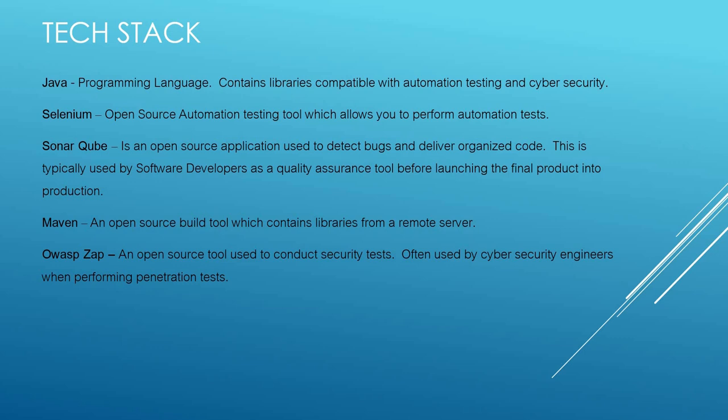From there, we're going to be using Maven, which is an open source build tool which contains libraries from a remote server. So basically, when utilizing a Java project, normally in order to access a library, you would have to use a jar file, which is fine. There's nothing wrong with that.